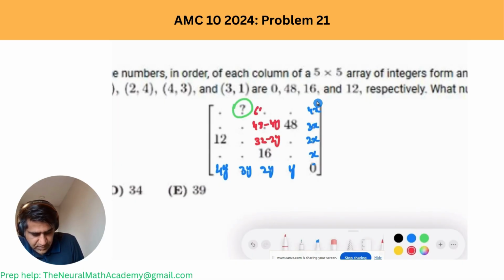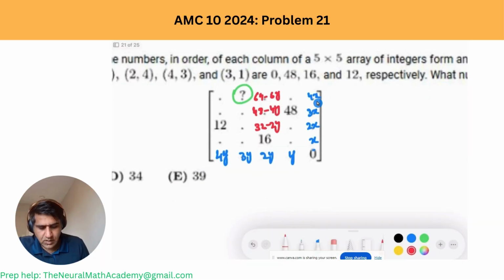And the next will be 64 minus 6y. Once I have written these numbers, I have to make two equations so I can find the values of x and y. That will ultimately lead me to the number for the given position.